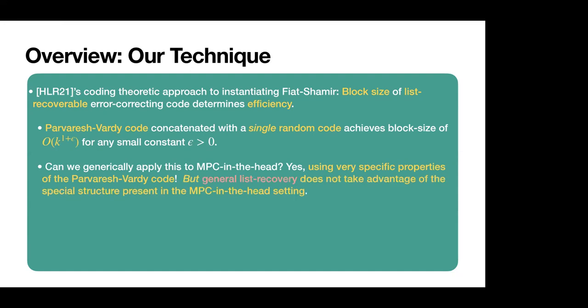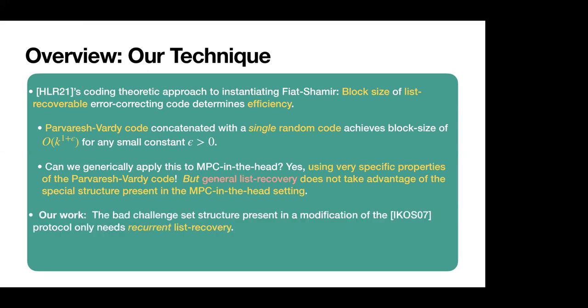But we observe that this notion of general list recoverability doesn't take advantage of some structure that's actually present in the MPC in the head setting. And we can actually do much better. So we show that this yields less efficient proofs. In our work, we observe that a modification of the original IKOS07 protocol for MPC in the head allows us to use a strictly weaker notion of list recoverability, namely something we call recurrent list recoverability, which we'll define.